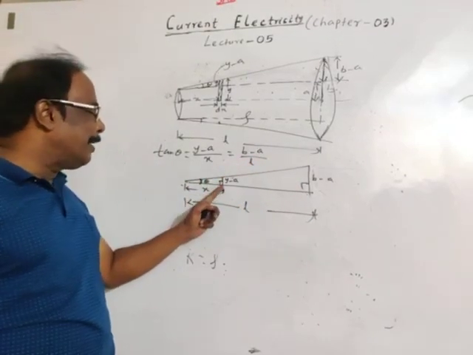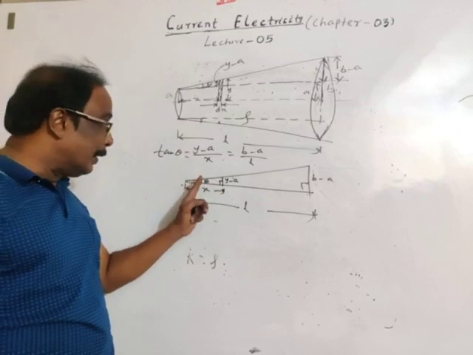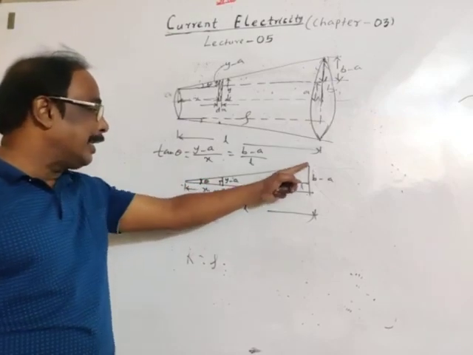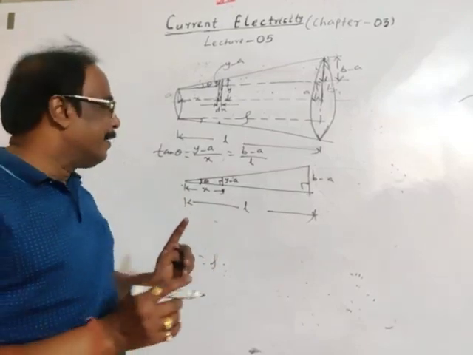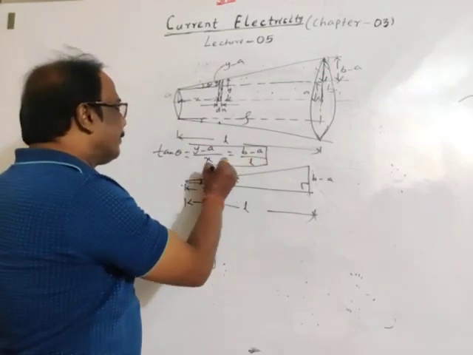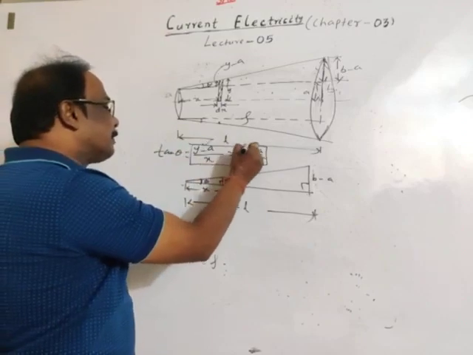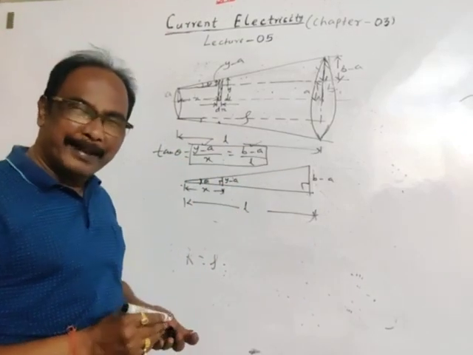Tan theta is y minus a divided by x, also tan theta is b minus a divided by L. Now I equate these two.